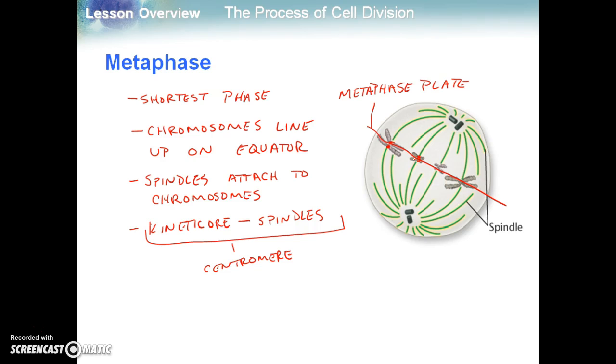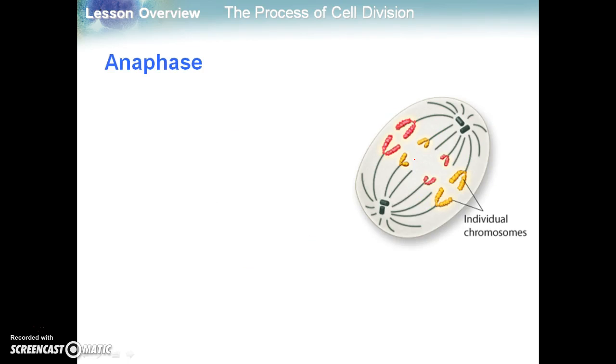So here are our spindle fibers attaching to the chromosomes, and then in anaphase, anaphase begins as soon as we start to split those sister chromatids apart.